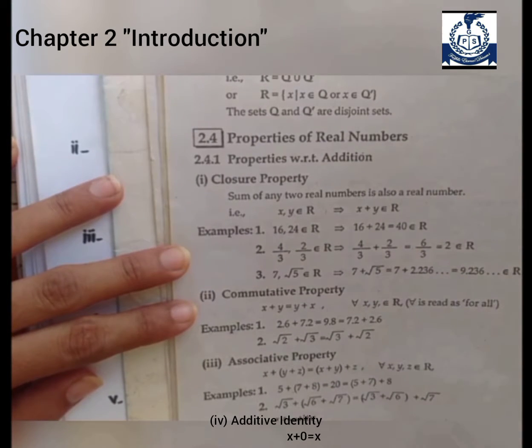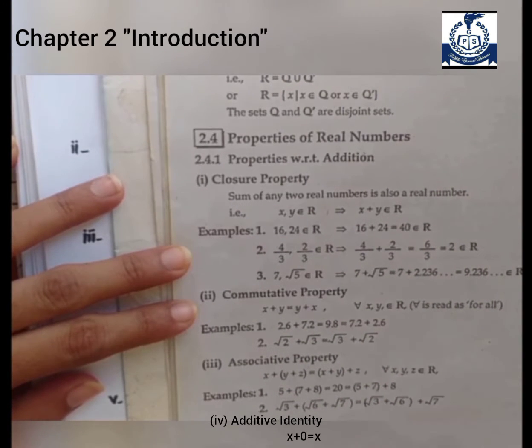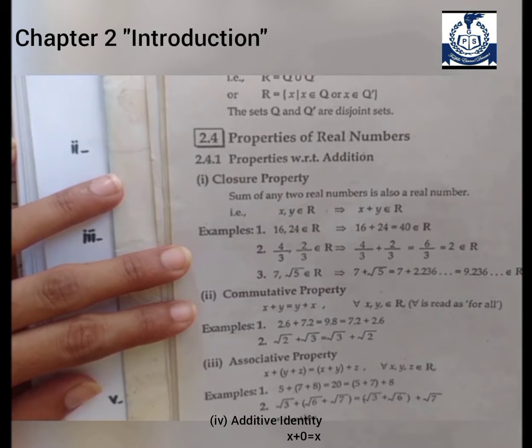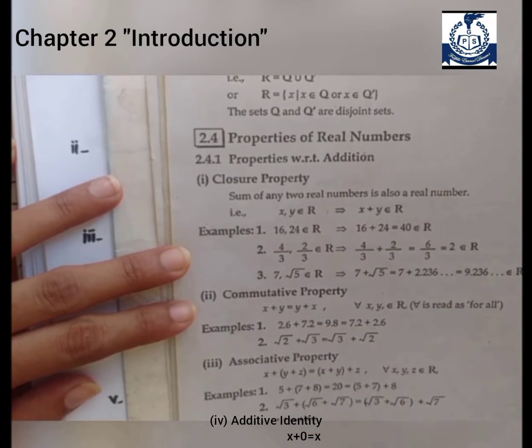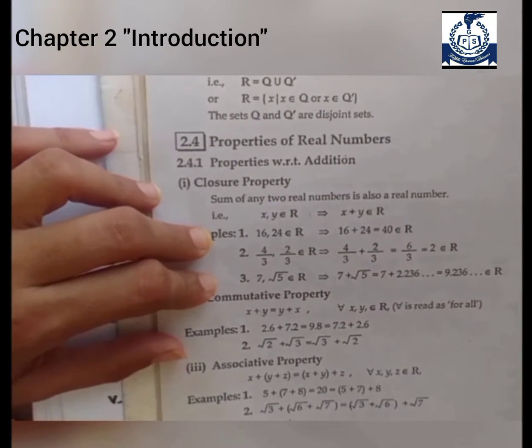Next is additive identity. In additive identity we have x plus 0 is equal to x. If we add any value to 0, we get the same value. It means we have some value x, and if we add x with 0, we get the same x.